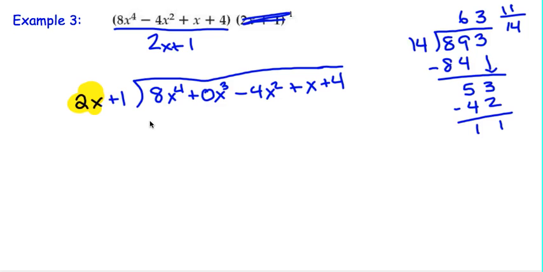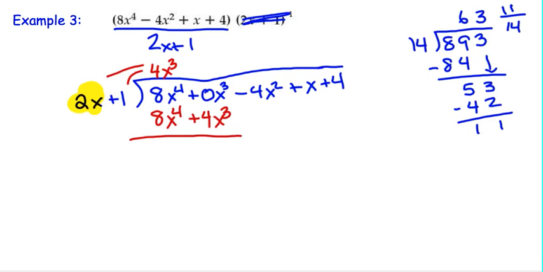So 2x times what gives me 8x to the 4th? Well, the number part is going to be 4. And my letter part, I have to multiply x by x cubed to get x to the 4th. So when I distribute that to both parts, I get 8x to the 4th, and then I get plus 4x cubed.